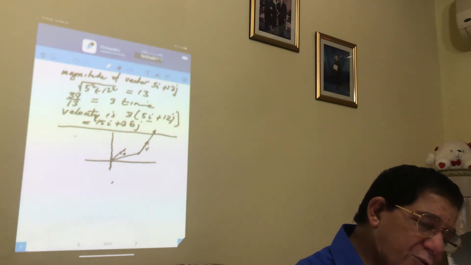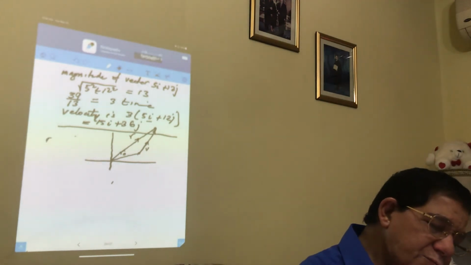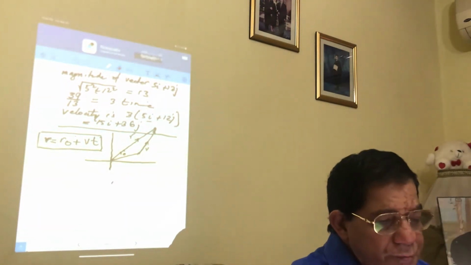The new position vector of its new position, r, equals r0 plus vt. R equals r0 plus a movement.